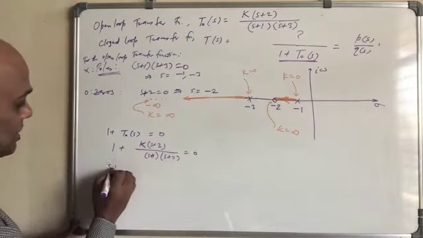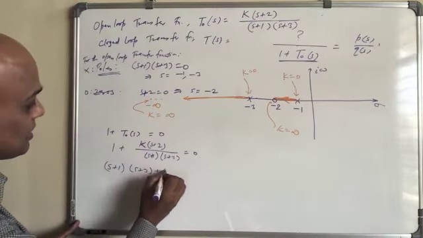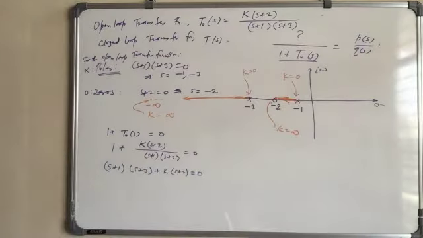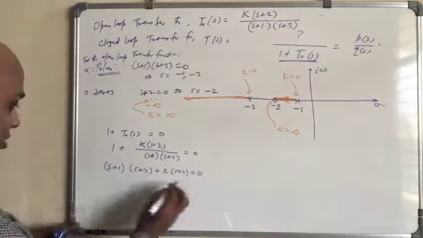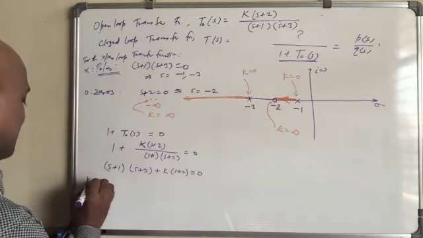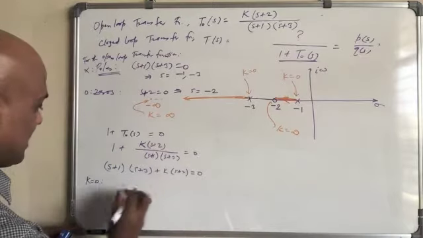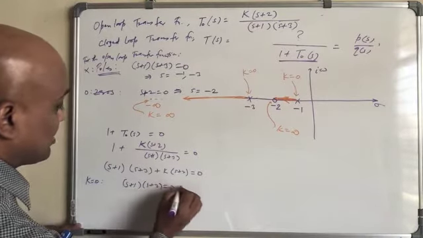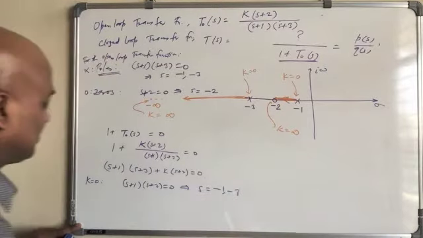This gives us S plus 1 times S plus 3 plus K times S plus 2 equal to 0. So this is the equation. Now let's put k equal to 0. So this term is out, and we have S plus 1 times S plus 3 equal to 0, which gives S equal to minus 1 and minus 3.